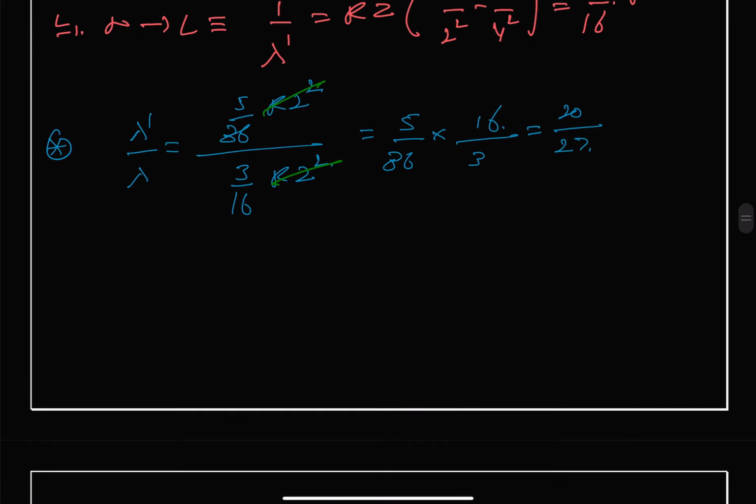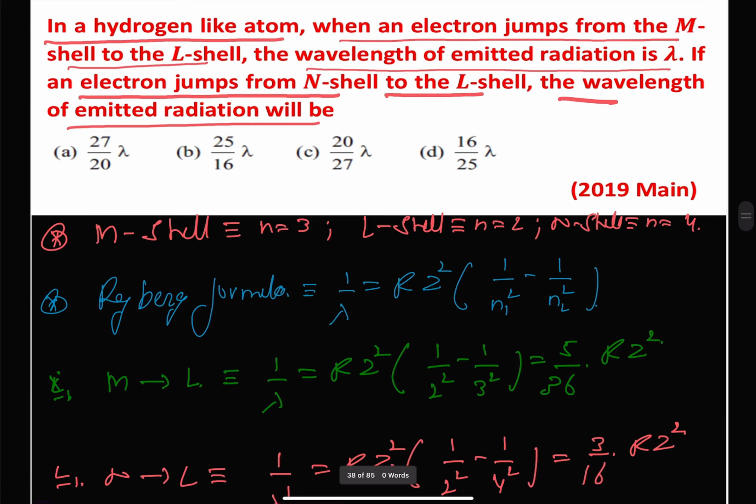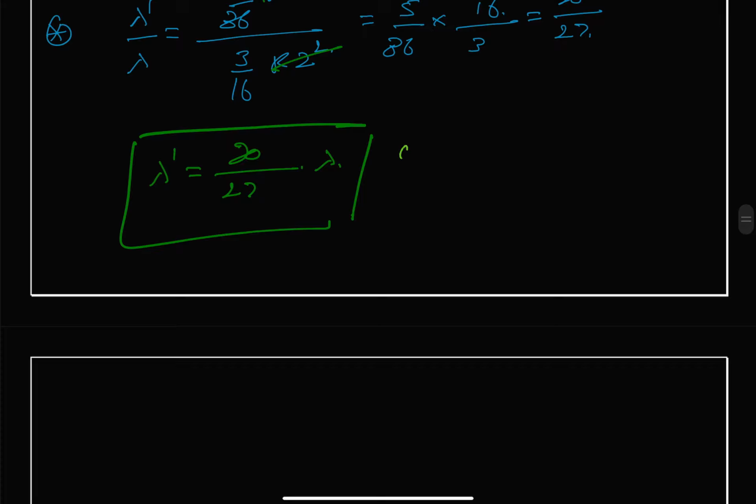Therefore, the new wavelength lambda prime will be equal to 20 upon 27 times the original wavelength, lambda. Option C is correct.